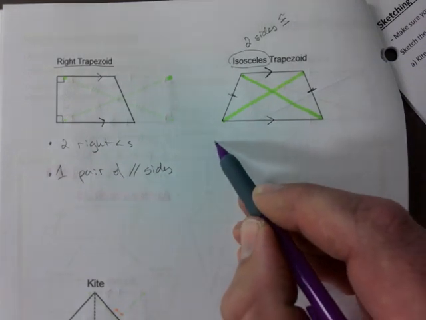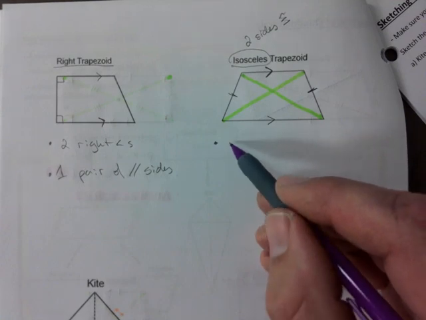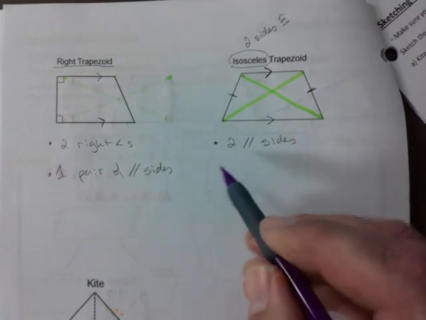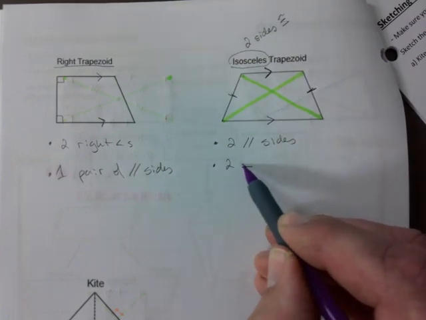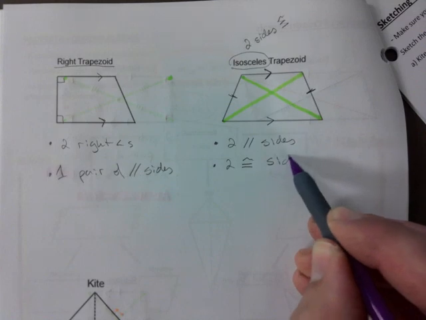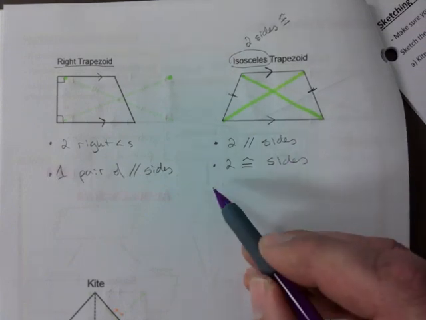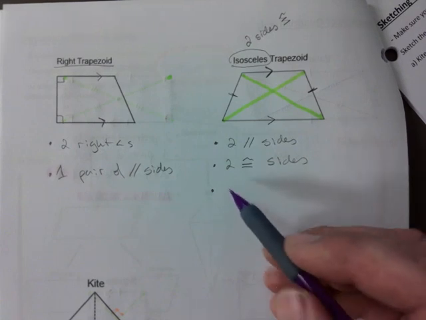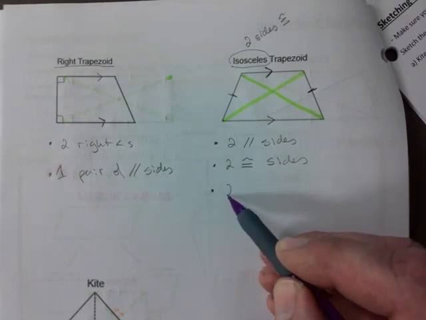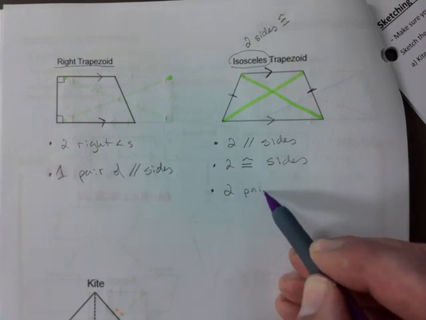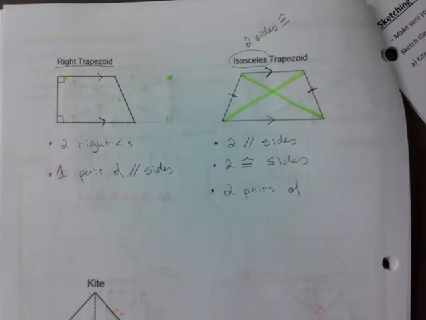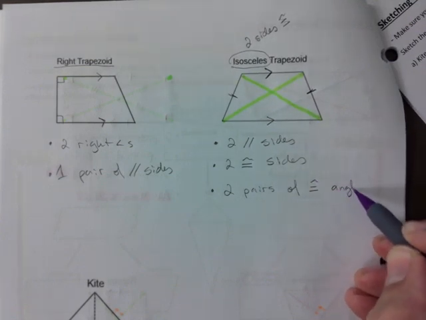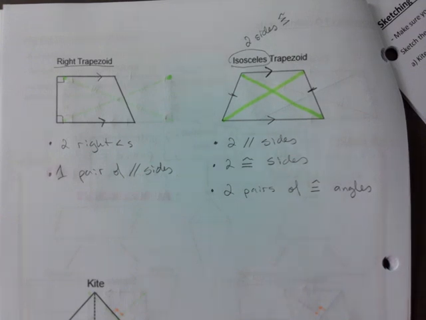So here we go. I will say this: two parallel sides, two congruent sides, and I'll say it this way, two pairs of congruent angles. Say what?